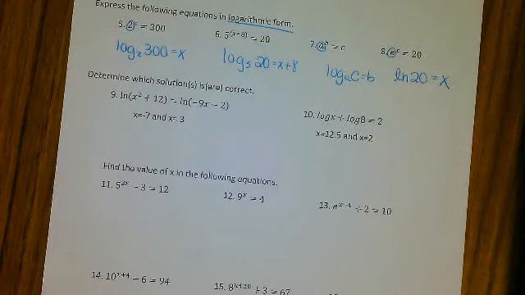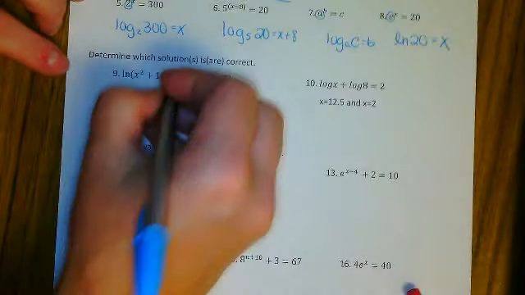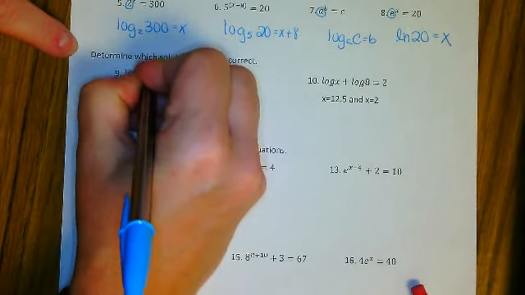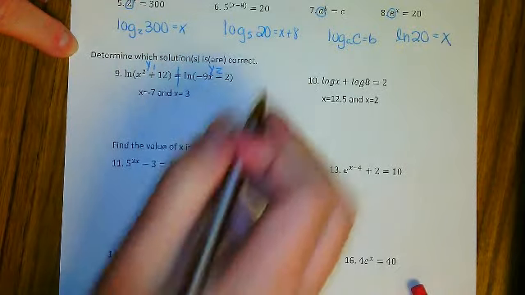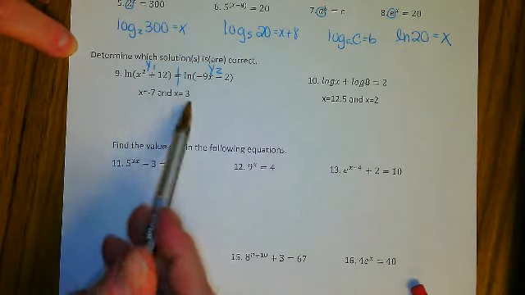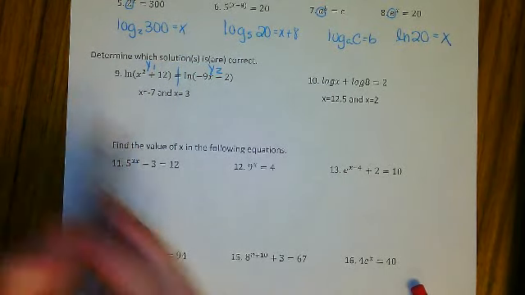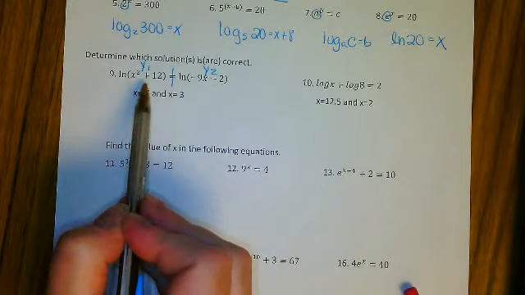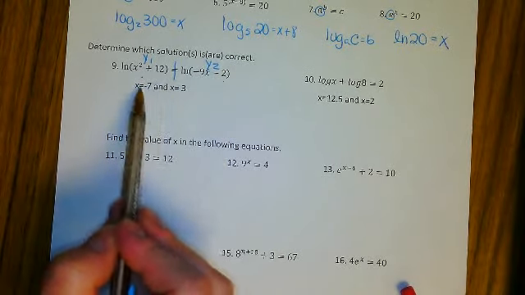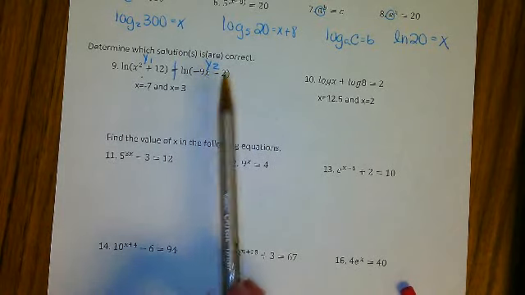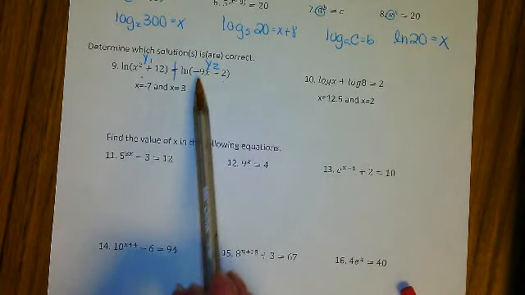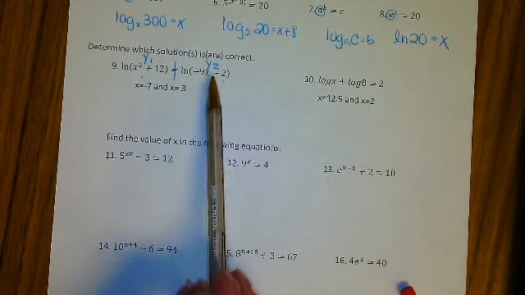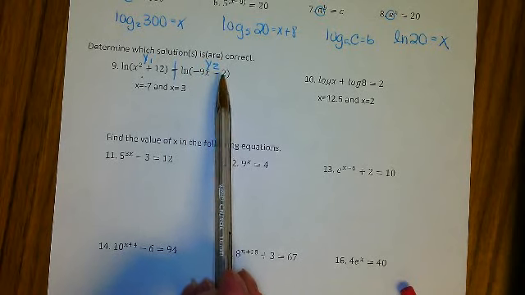Alright, on the next one, really the best way to do it is to substitute. You could also put these into y1 and y2 in your calculator to see which one is the correct answer when you're looking at the table. But if you just substitute these values in, whichever one will give you a negative number is the one you don't want. So for instance, here I have negative 9 times 3 is negative 27, minus 2 is negative 29.